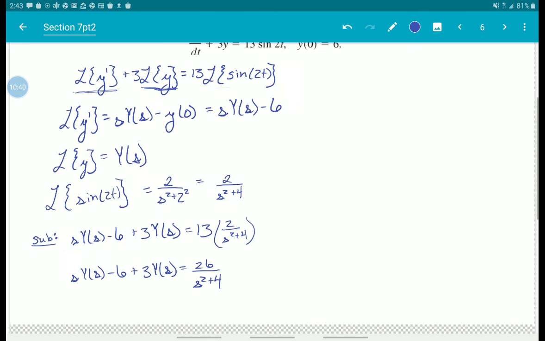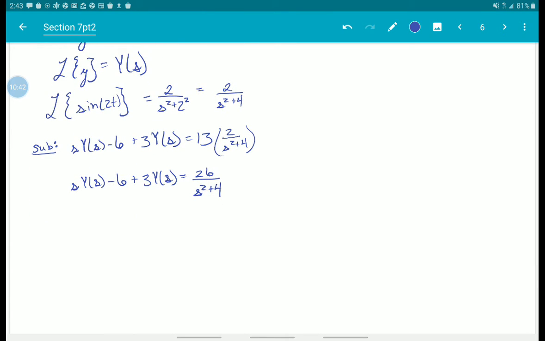Now let's solve this guy for y of s. I'm going to move that 6 over. Now, I'm going to get a common denominator over here.